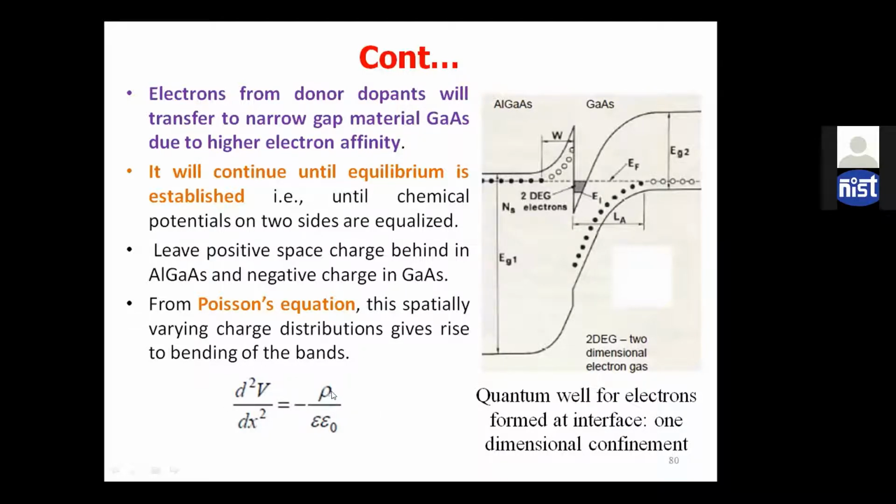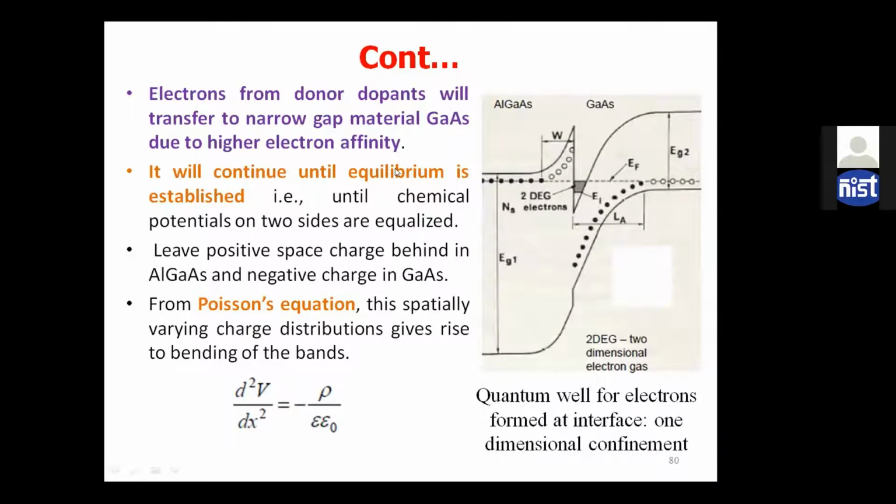Rho is q times ND, how many dopants you have. If you solve Poisson's equation, you get V, which gives you the idea about the electrostatic potential. You add that electrostatic potential to the kinetic energy, and you get this band bending.